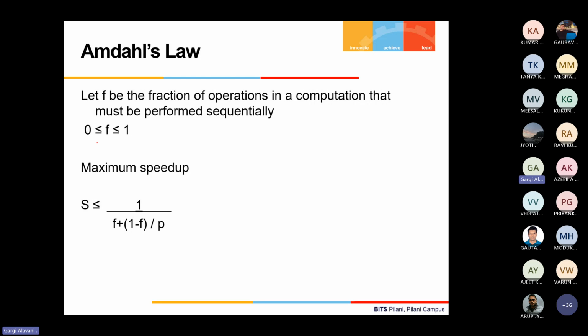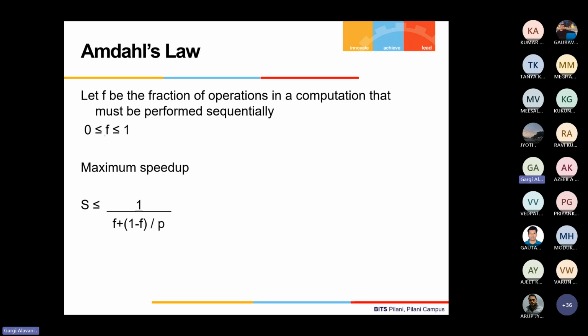So how do you calculate speed up if you have a certain section of your code that always needs to be executed serially? This portion is known as F, which is the sequential portion in your code, and this is greater than 0 and less than 1.